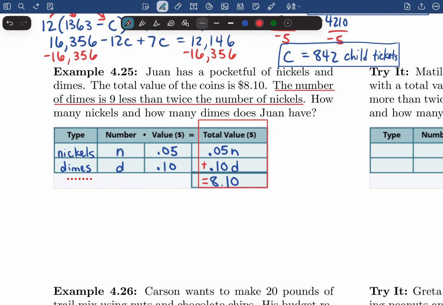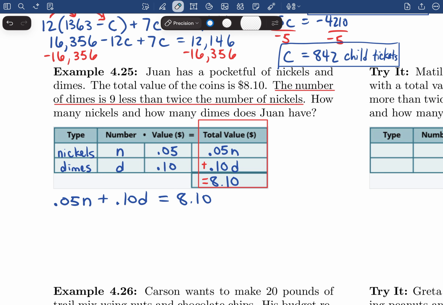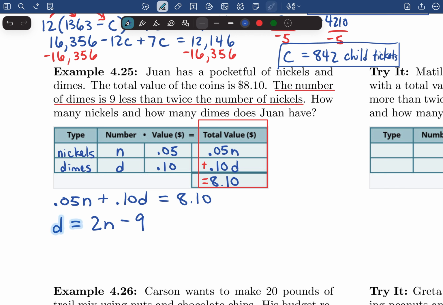Let me create the system for you so you can see it very clearly. I have 0.05 times n plus 0.10 times d equals 8.10. That's my first equation. And my second equation is d equals, well, 2 times n minus 9, right?